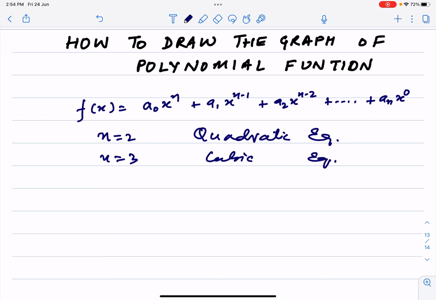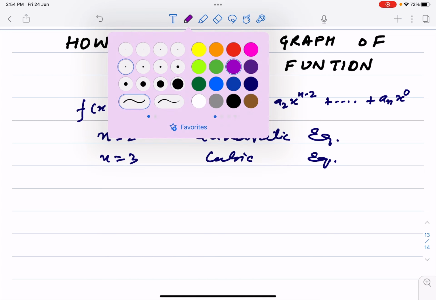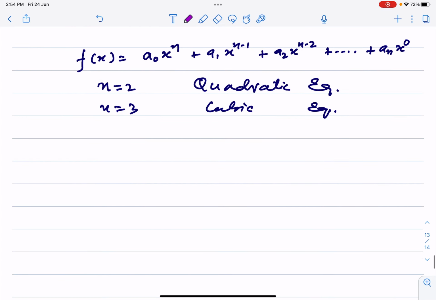It is very simple to factorize a quadratic equation, or you can say solve or find the zeros of it. But for a cubic equation or any higher degree polynomial function, it becomes difficult. So in this video, we will be doing the cubic equation or higher ones, and that is basically done based on three basic rules.